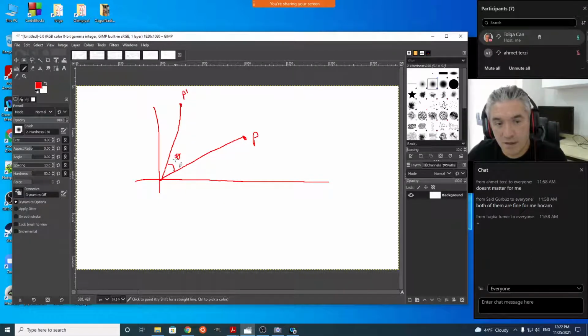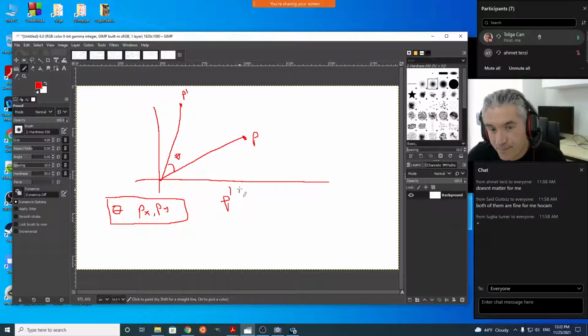Here, with just theta as input, and applying this theta degree rotation around the origin on P, which means that we know Px, Py as well. By knowing these things only, how can you figure out what P prime is going to be? That is, P prime's coordinates in terms of Px, Py, and theta.